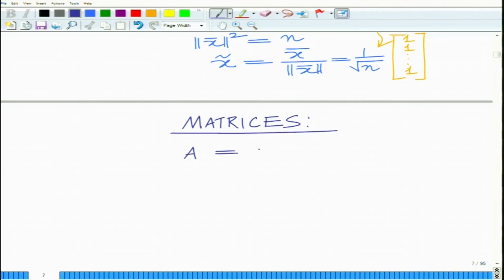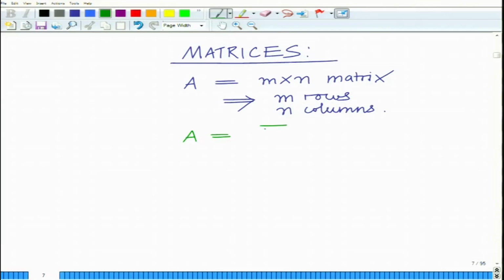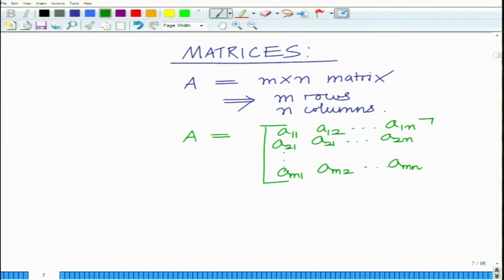So, let us consider an M cross N matrix A. This implies A has m rows and n columns, and you can represent A as the matrix A11, A12, so on up to A1n, A21, A22, so on up to A2n, and the mth row is AM1, AM2, so on up to AMN.